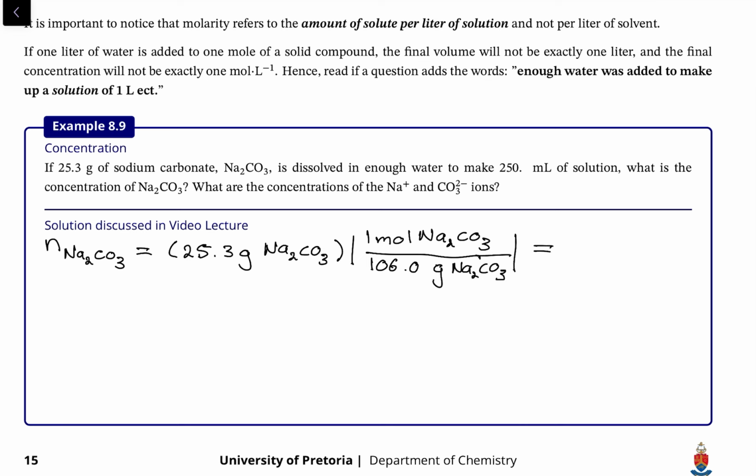And then to get the concentration, you can call it bracket Na2CO3, or you can call it C with subscript Na2CO3, or write out concentration of sodium carbonate.